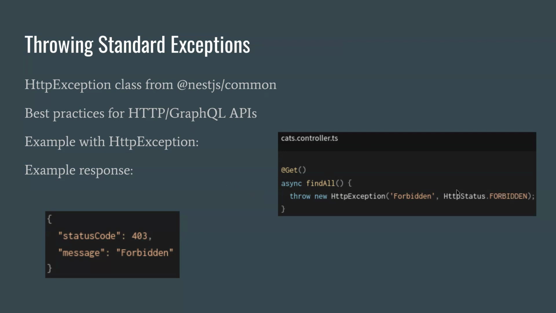When a client calls this endpoint, they receive a JSON response indicating a 403 forbidden error. So this standardized approach ensures that your API communicates errors effectively and consistently.